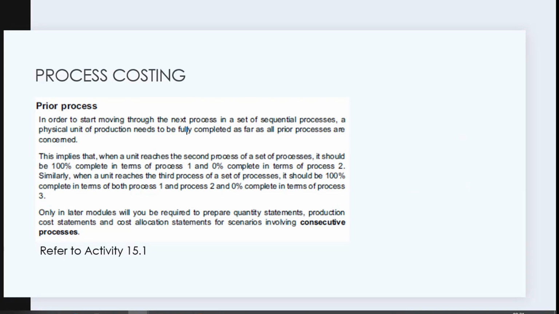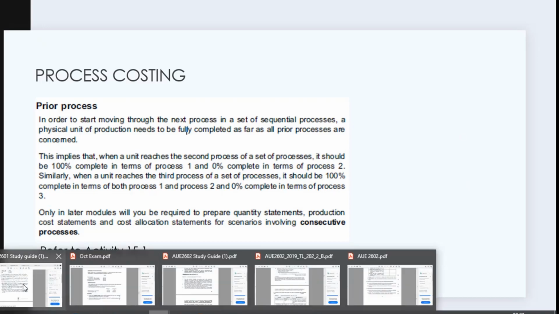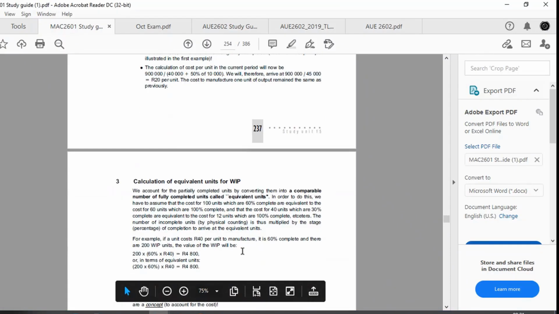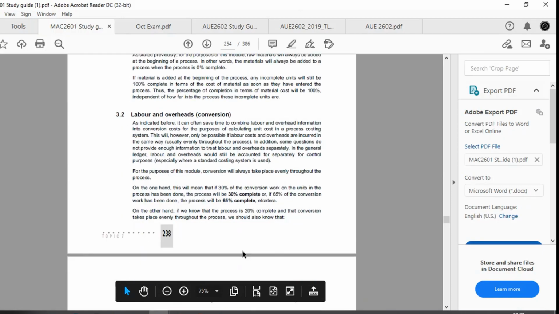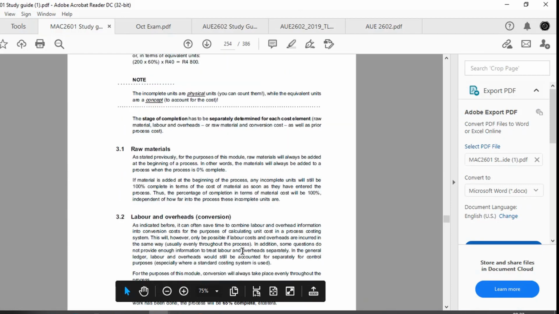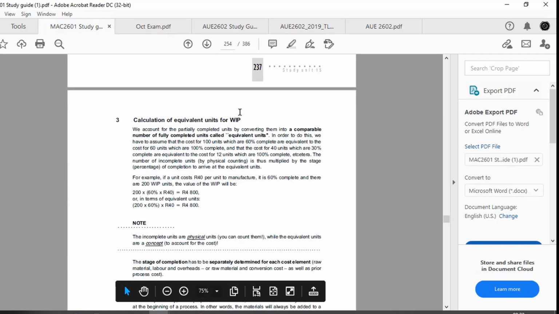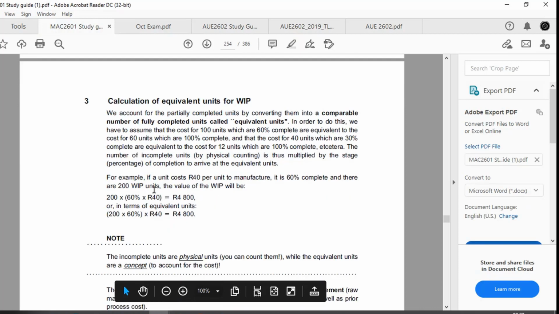Okay. Process costing. Before we get to prior process, I just want to make sure that I have covered this. Okay, before that, maybe let's look at a simple calculation of your equivalent units after explaining what they are.